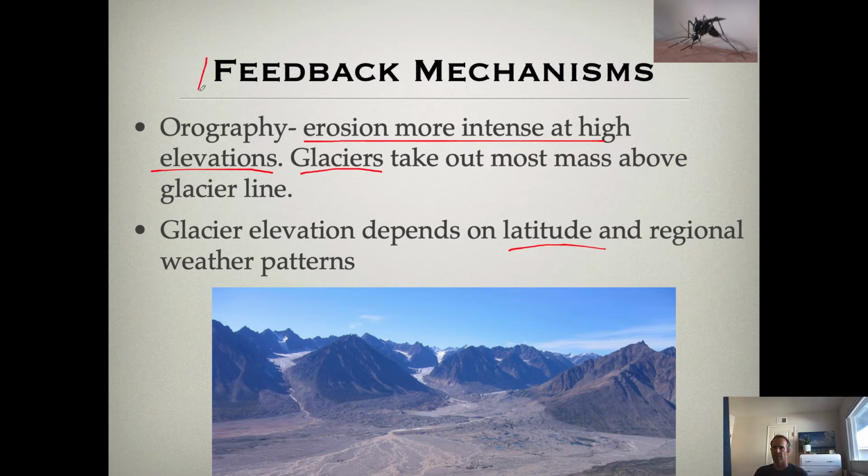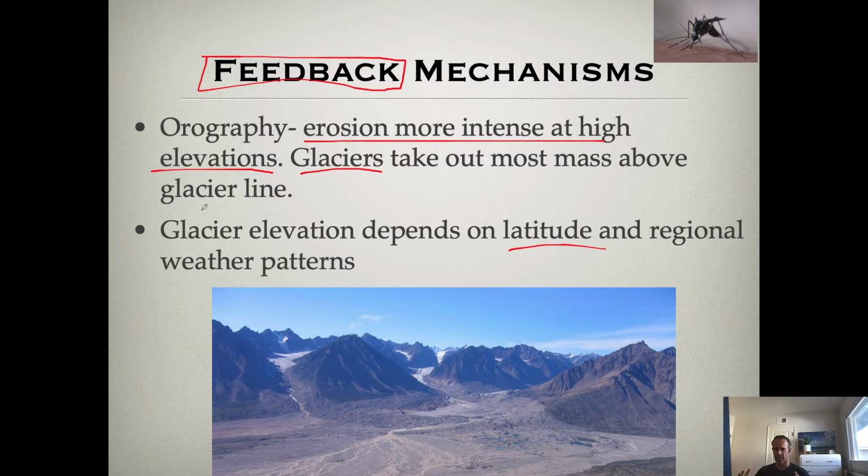And the reason that this is a feedback mechanism is, as I'm going to show in the next slide or two here, that as you start to tear down the mountains, or you start to remove material, usually that's not uniform across the whole area, right? The glaciers are just eroding valleys. So you get narrower and narrower valleys as you erode.